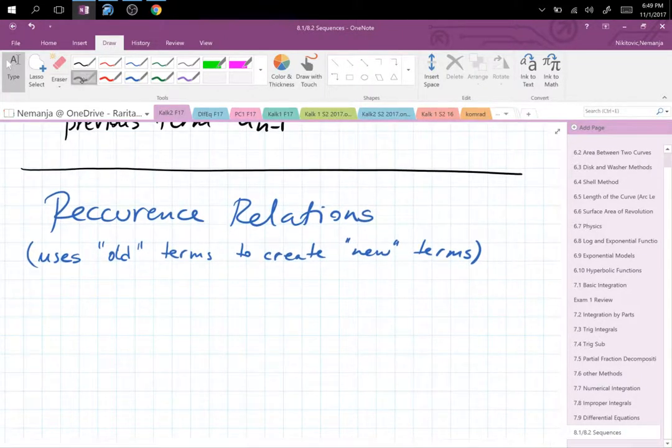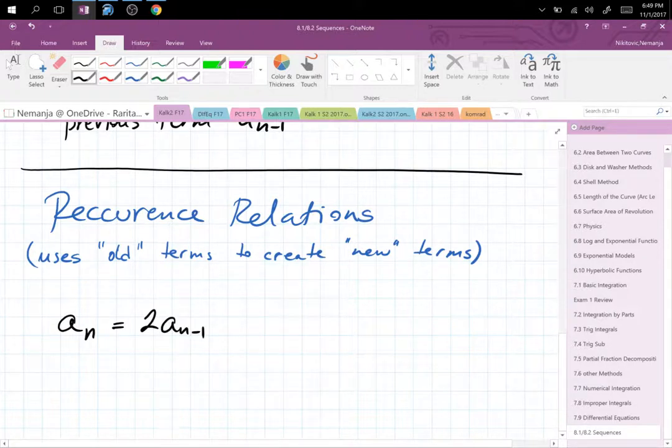A quick example. So a(n) is equal to 2a(n minus 1) plus 4. And we have to define a0 in this case. Otherwise, we can't do anything. So for a0 we can pick any value.